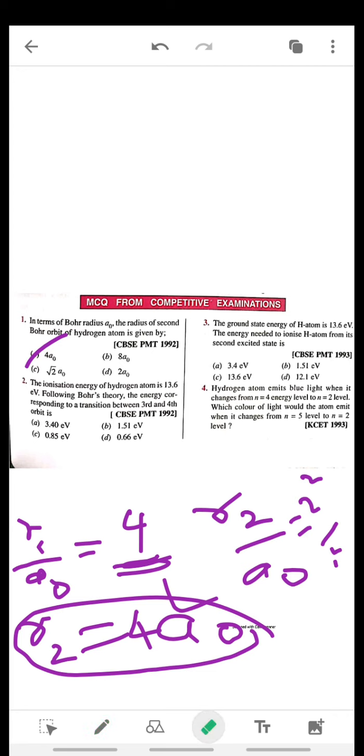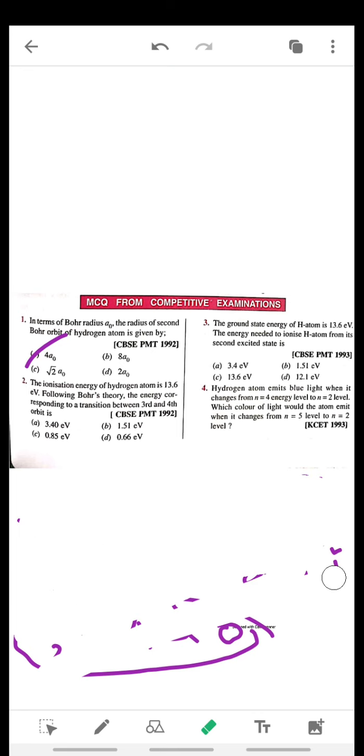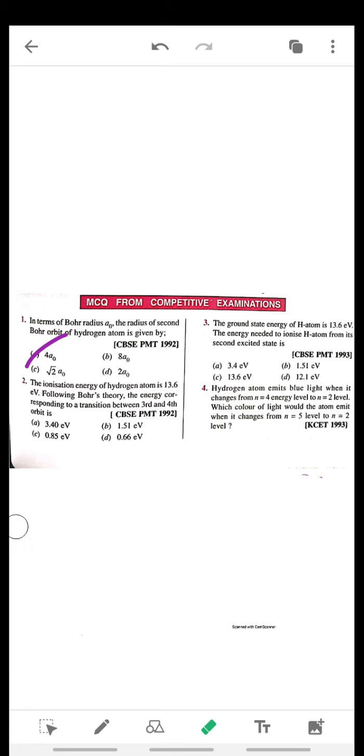Okay, similarly, we'll discuss the second question. Students, you read the question, I will explain. The second question: the ionization energy of hydrogen atom is 13.6 electron volt. Already we know the ionization energy, the ground state energy, is 13.6 electron volt.